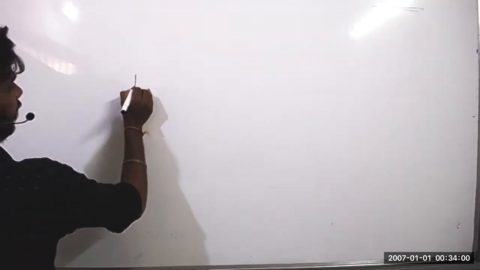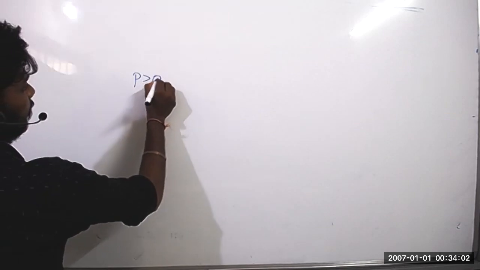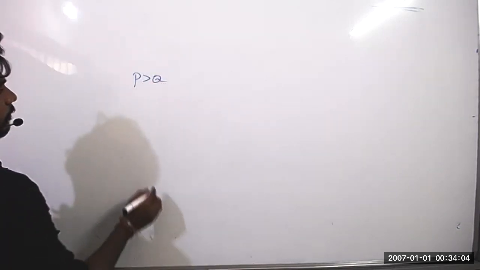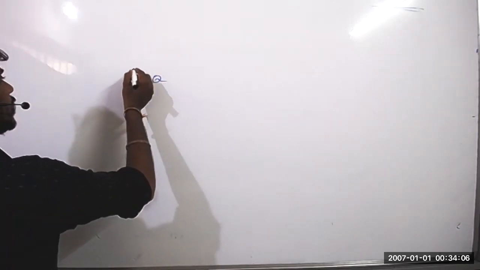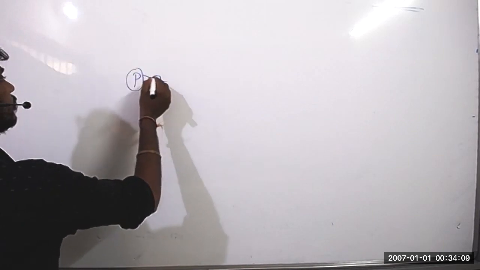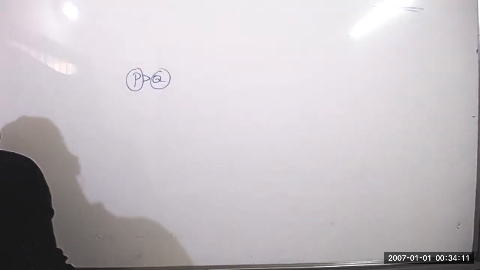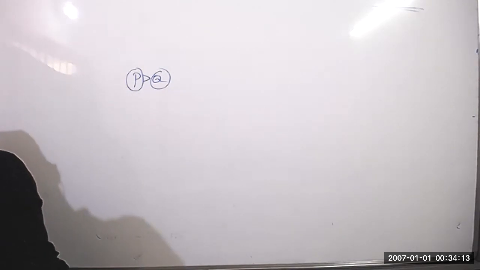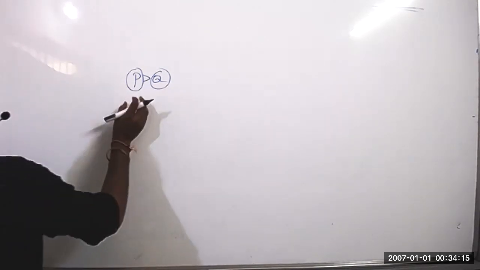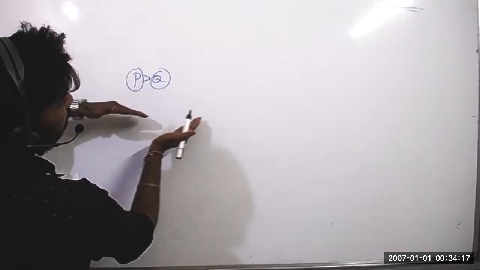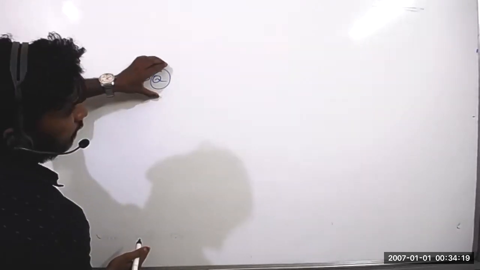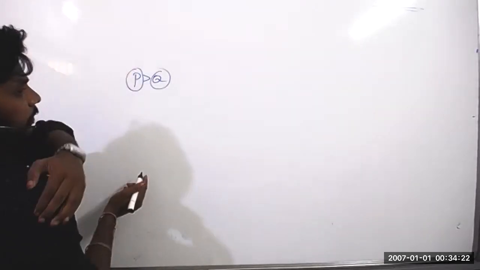If P is greater than Q, that means what will happen? Then alpha greater than beta. Here what is P? What is Q? P is the first vector and Q is the second vector. If this vector is more, this vector is small in the magnitudes, okay?